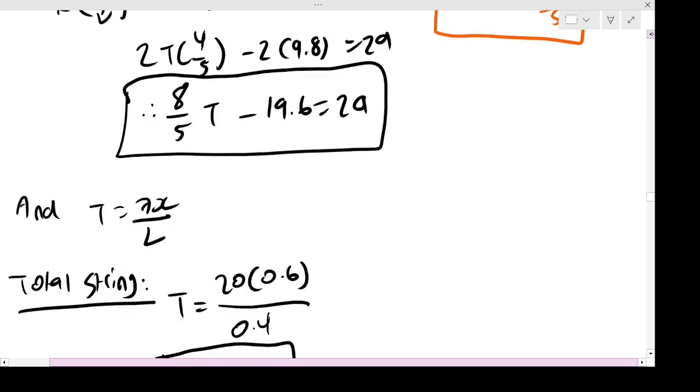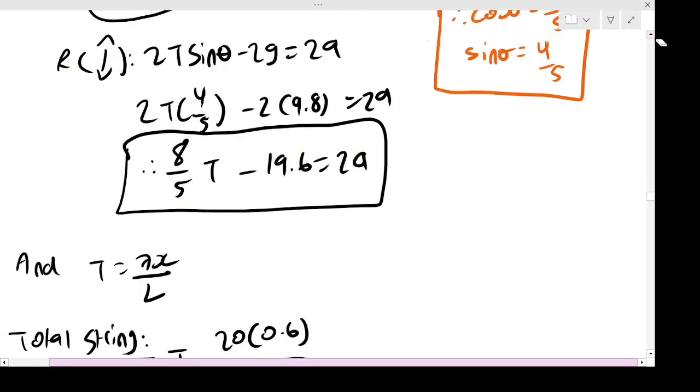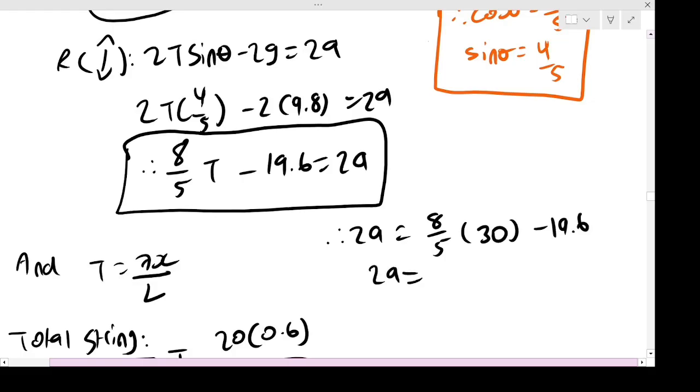So now I can substitute that into here. Therefore I get 2a to be 8/5 of T, which is 30, take away 19.6, and that will get me 2a to be 28.4.